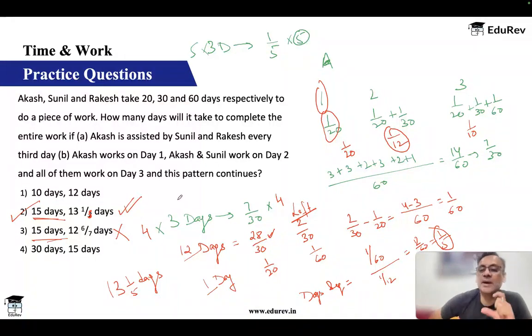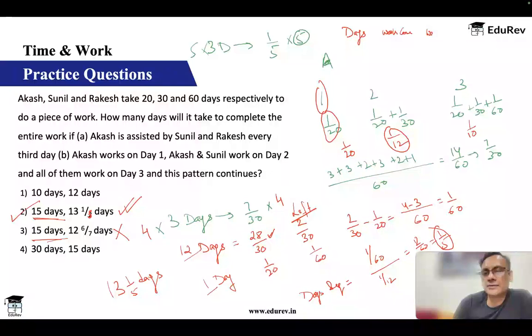So you'll have to go day by day, see how much work is left. So in days, let's write it this way: work completed and work left. In 12 days, work completed was 28 by 30, work left was 2 by 30.